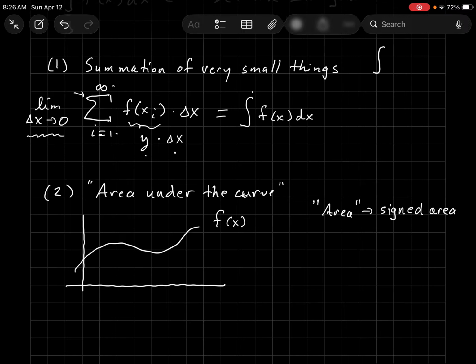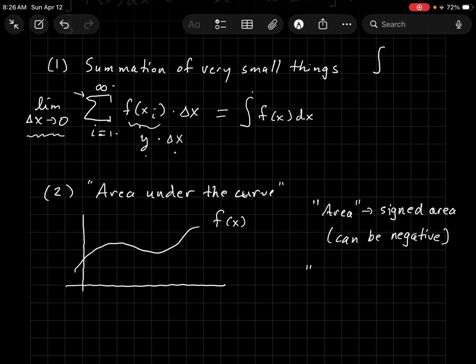And a signed area means it can be negative. So we have to be careful when we say area, because a physical area is always positive, but an integral quote-unquote area can be negative.